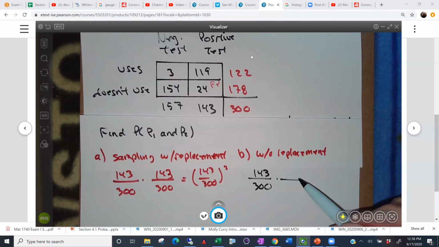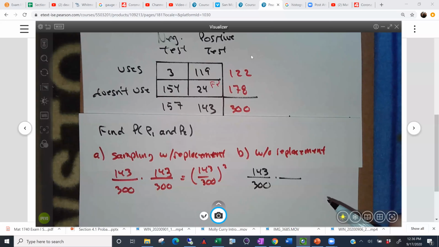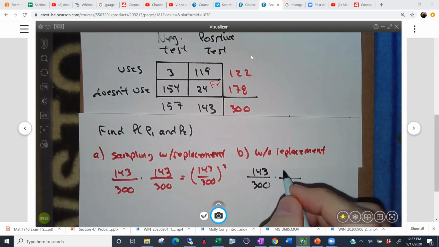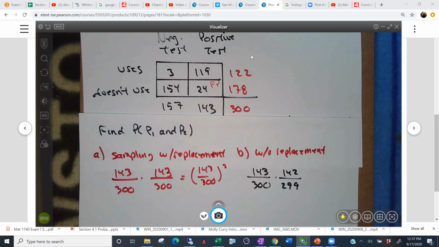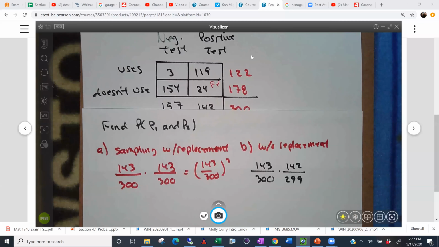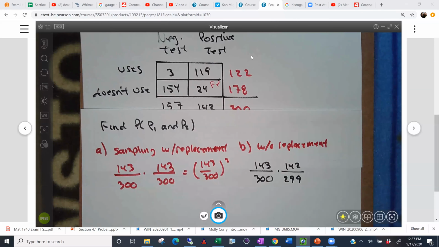What's the probability that you've already taken one out and you get another one who had a positive test? 142 over 299. Nice. And that's not going to simplify at all, so just leave it like that. I really don't care about lowest terms in this case. All I care about is the right number.